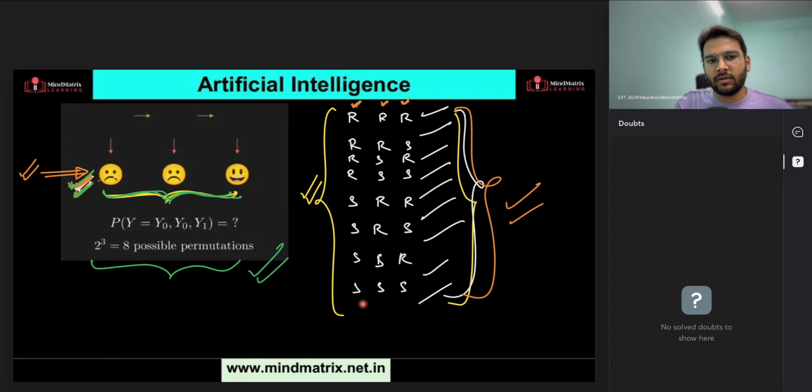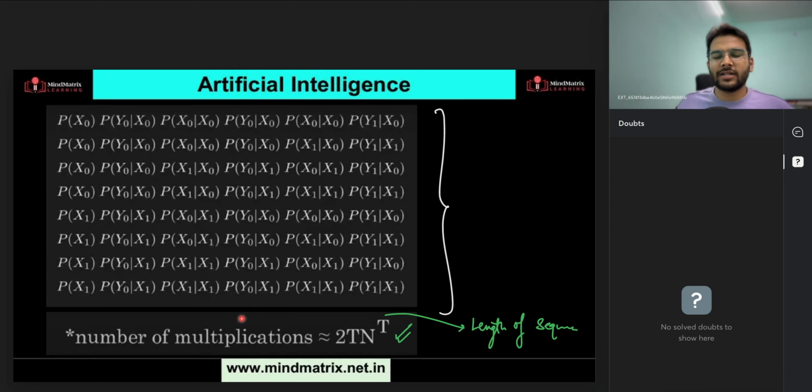I will clarify this; I just have to confirm it again. I have also mentioned it in the slides, so let's wait for it. But just understand this: the number of multiplications is exponential, so it is very huge.